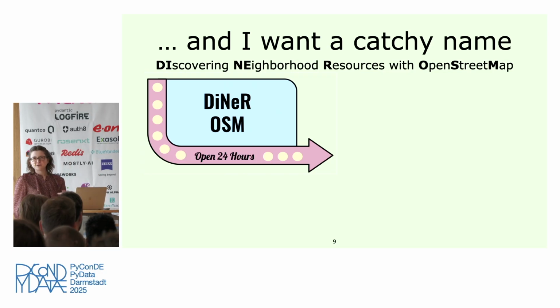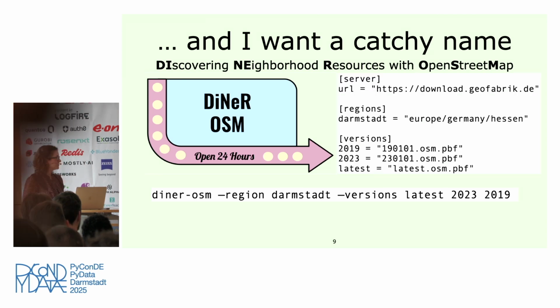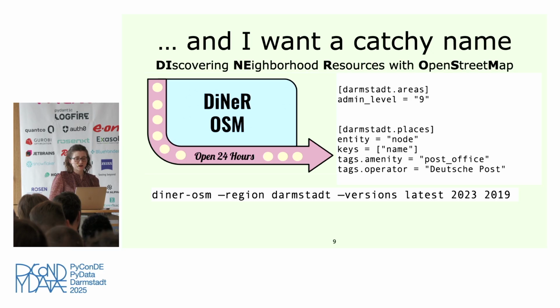And I want to run this for a variety of regions and also a variety of versions, so different years in the database. So I created a command line utility. There's also some configurations. Darmstadt points to the Hessen extract. I put all these configurations in a TOML file, also information about what kind of tags I'm going to be using for fetching areas or places.